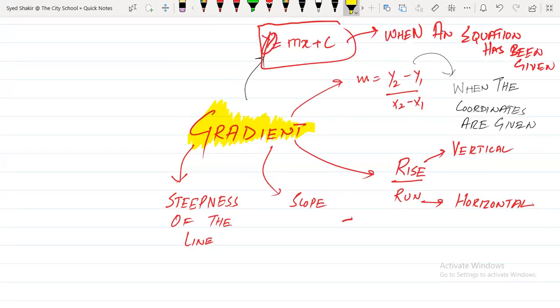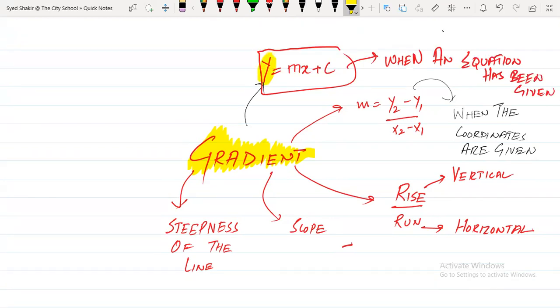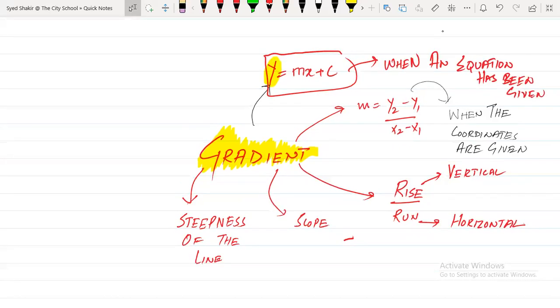When a linear equation has been given to you, you need to make y the subject. After making y the subject, the coefficient of x is called the gradient. You will learn how to find gradient in A levels by differentiating the equation as well.